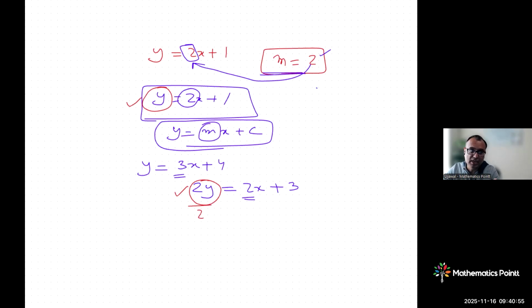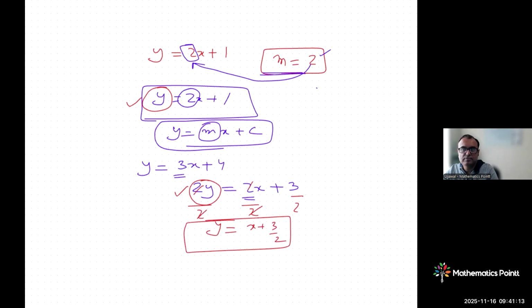So whatever I'm doing on the left-hand side, I will do it on the right-hand side to every term. So 2 cancels, y equals, 2 cancels, x plus 3 on 2. Now x is all alone here. This x means 1x, so your slope is 1. All right, making sense? Yes.